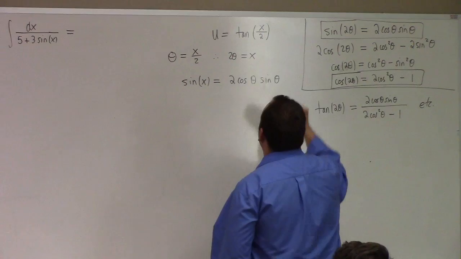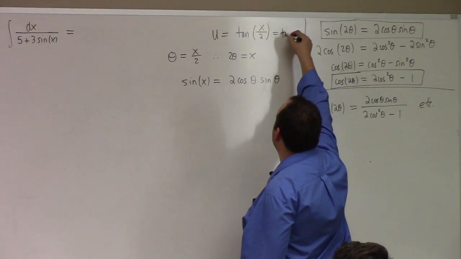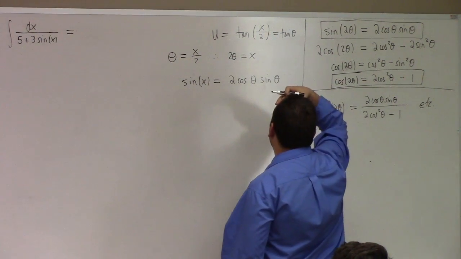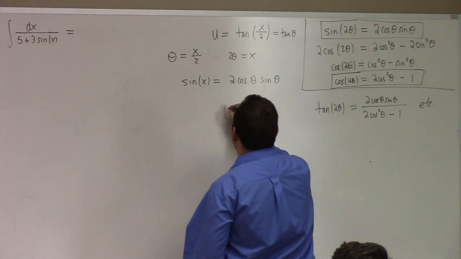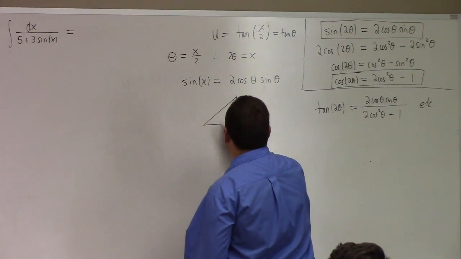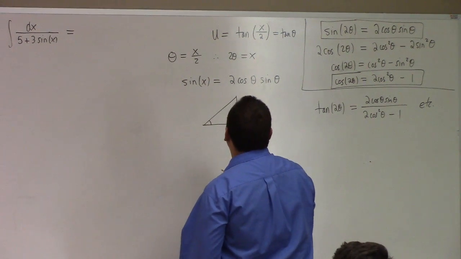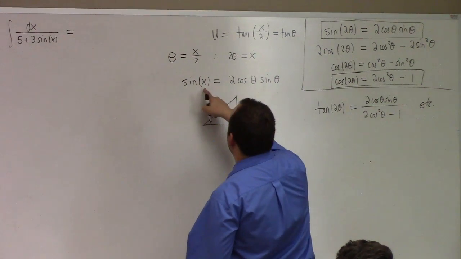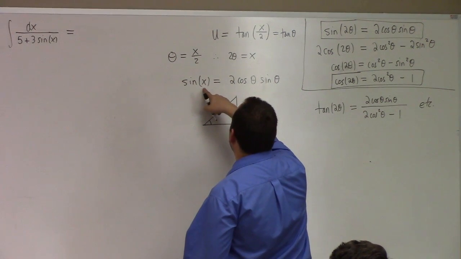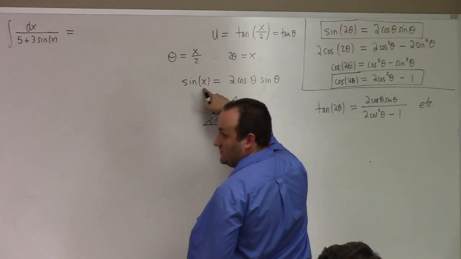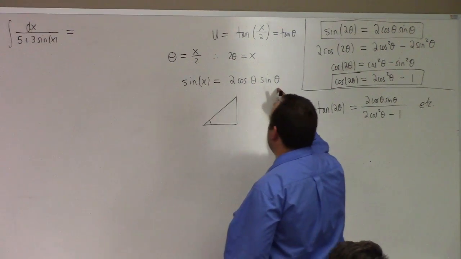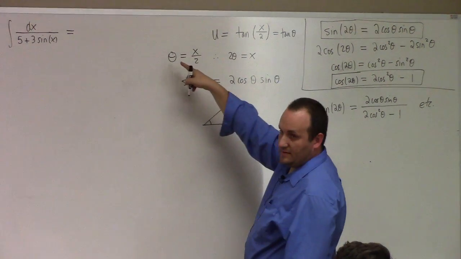This is tangent theta, right? So I can draw a triangle. Sine of x is sine of 2 times x over 2, which is why I have this with respect to that theta.